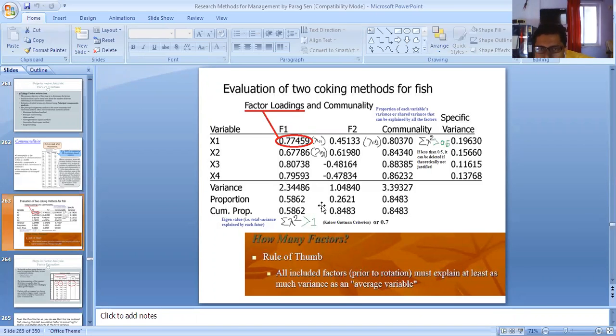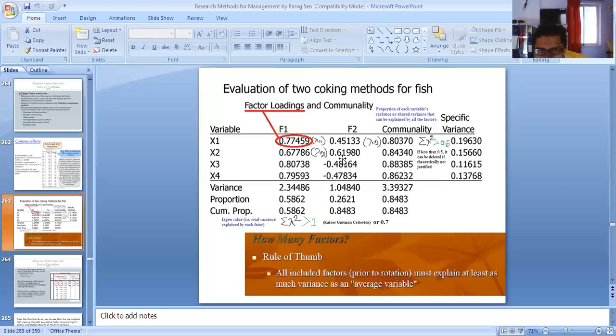It means that 58% of the variance of all the variables, taking into account all the variables, is actually explained by f1.